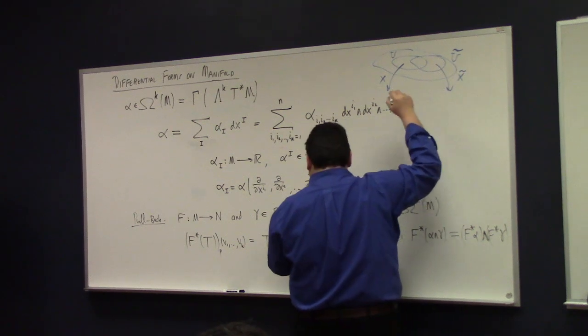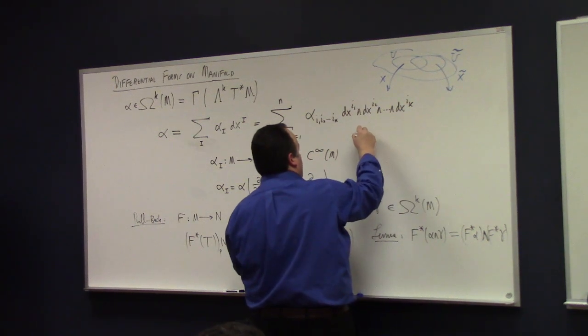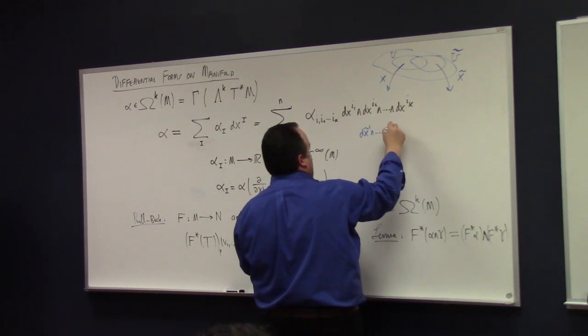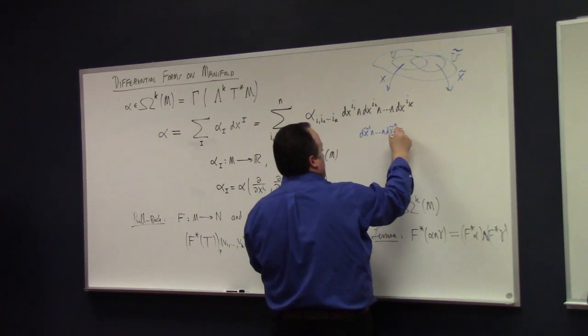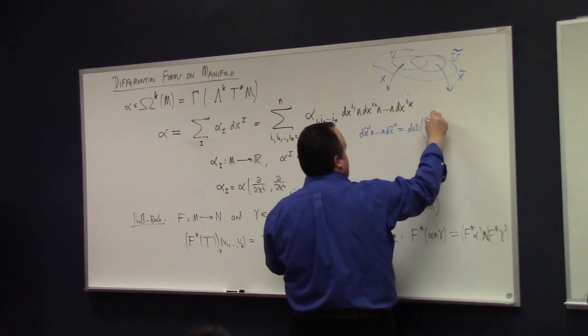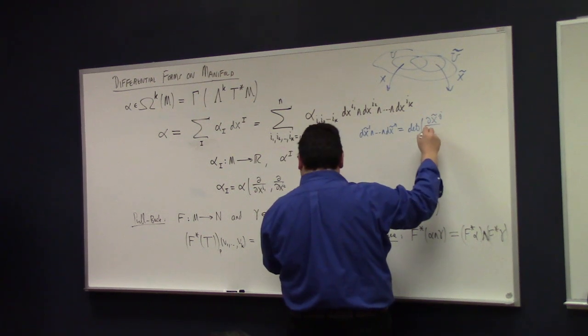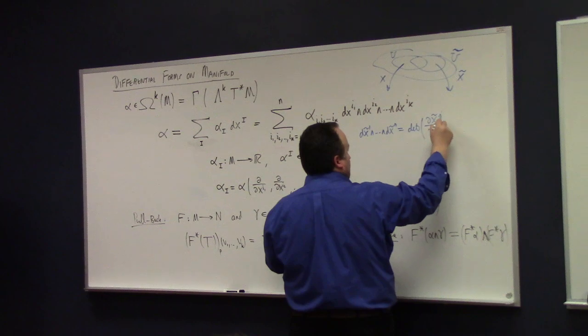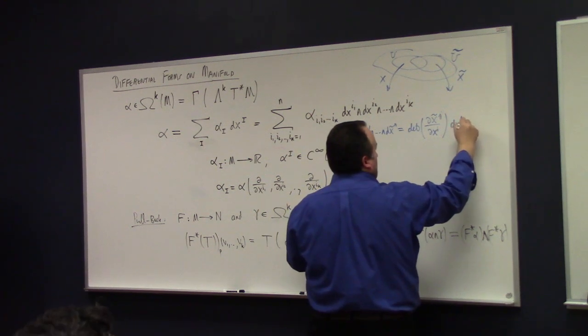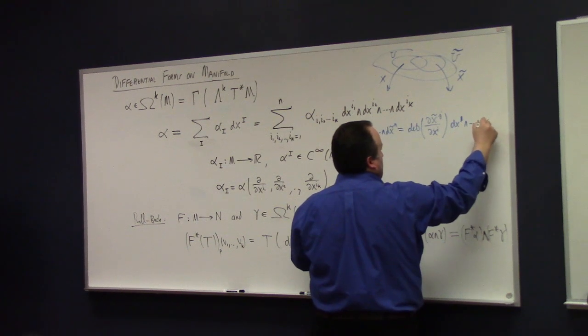tilde chart, right, then you can compare dx tilde 1 wedge ... wedge dx tilde n. What it's equal to is the determinant of partial x tilde j, partial xi, that matrix, dx1 wedge ... wedge dxn.